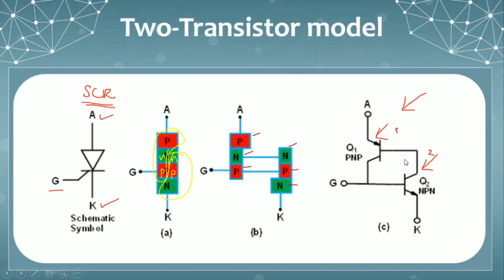So to write the circuit, this is your PNP transistor where the arrow is towards the base, and then here you have the NPN transistor where the arrow is away from the base, and this is your gate terminal, this is the anode terminal and this is the cathode terminal. So this is PNP and this is NPN transistors. Okay, so it's the same thing we have taken here.